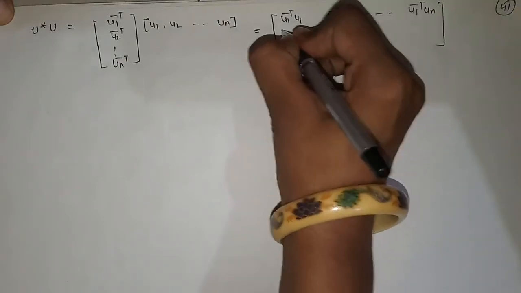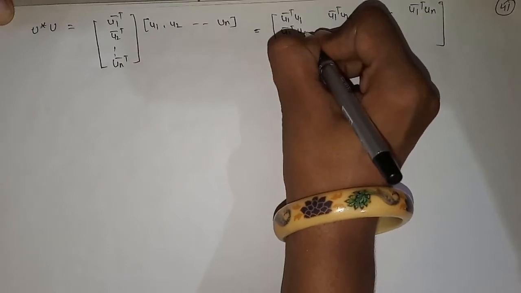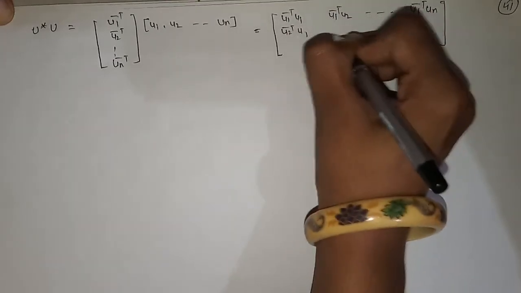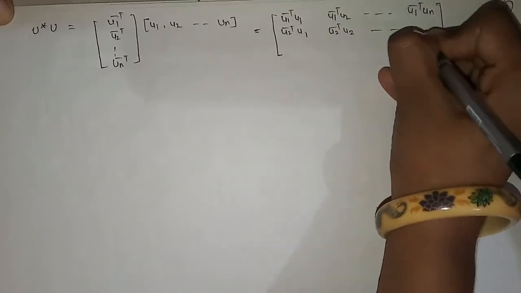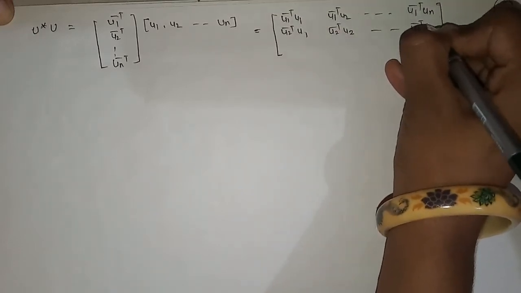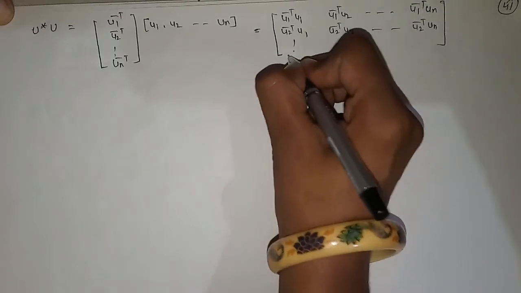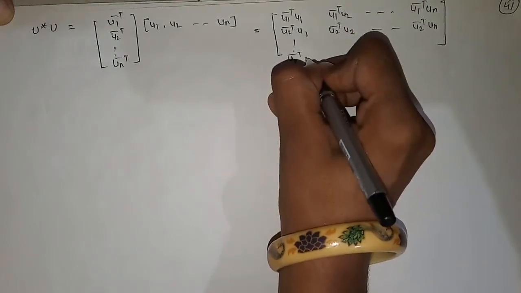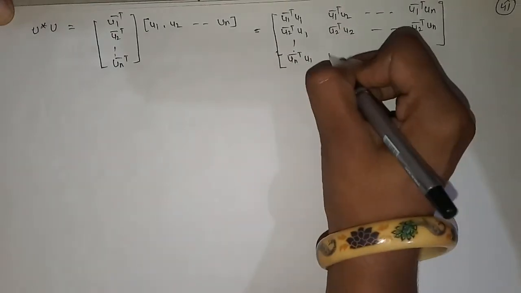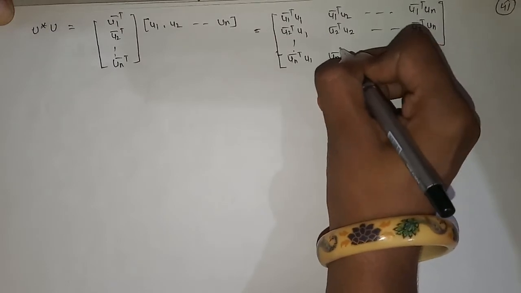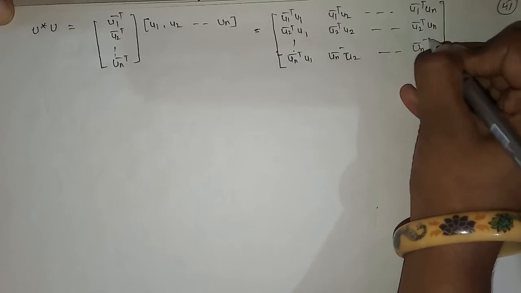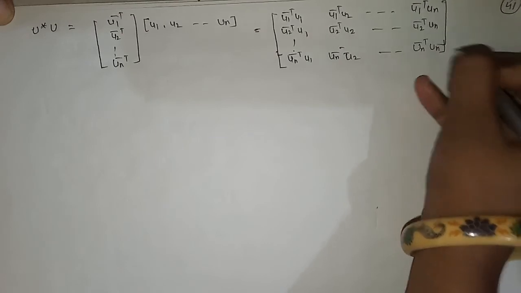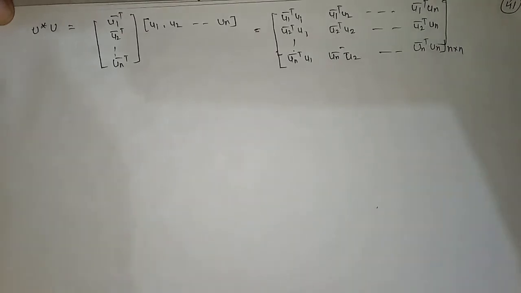Similarly, u2 bar transpose u1, u2 bar transpose u2, u2 bar transpose un, up to un bar transpose u1, un bar transpose u2, and so on up to un bar transpose un. So this is an n cross n matrix.